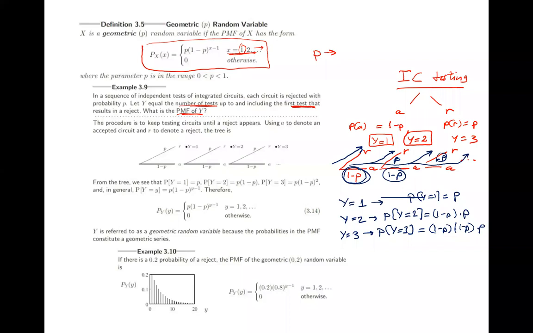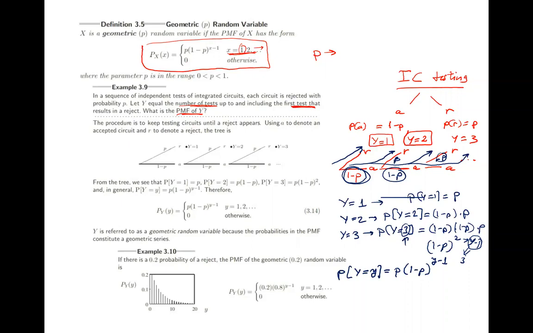Then I can write the probability of Y equals y, for any number y, is going to be P times 1 minus P to the power of y minus 1. For example, here you see y is 3, then we have 1 minus P to the power 2, which is y minus 1.